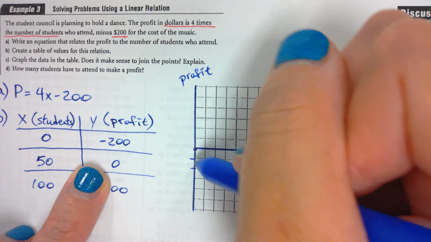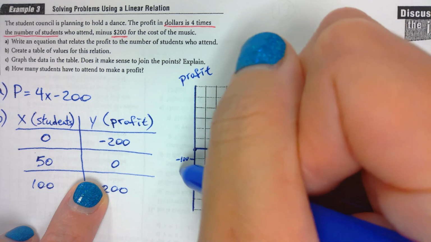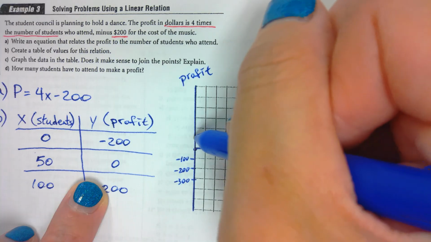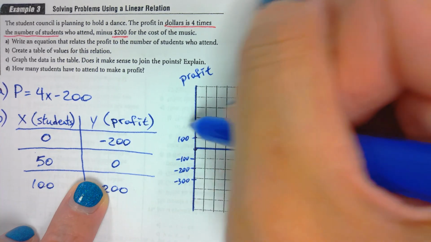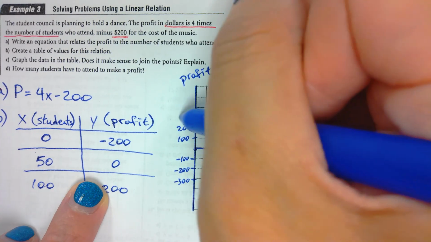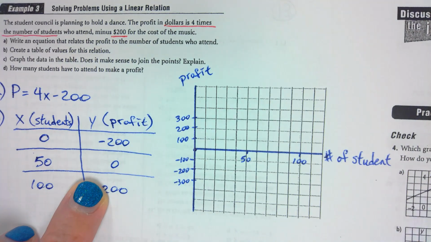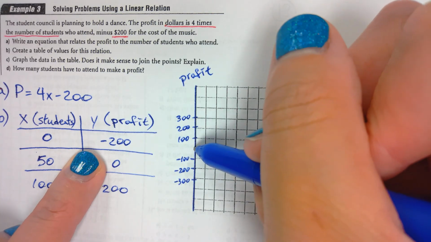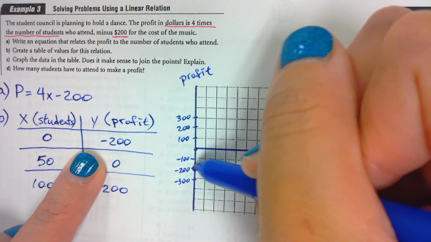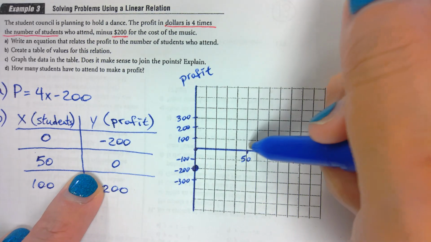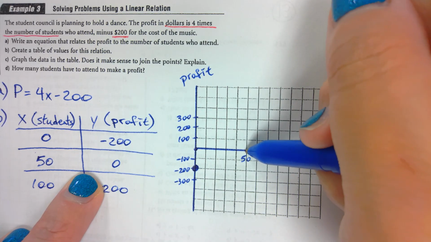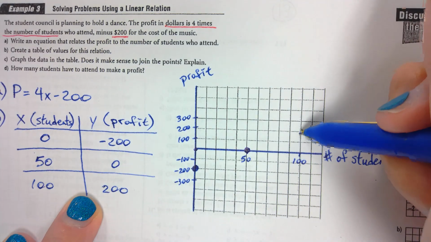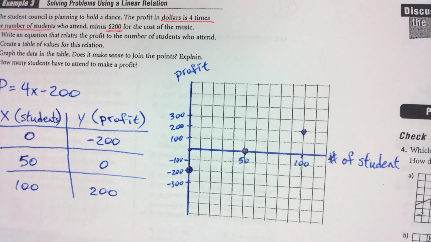I can go by negative 100, 200, 300, for example. Okay, so 0 and negative 200. 0, negative 200 gives me the point right here. 50 and 0 right here. And then 100 and 200 right here.